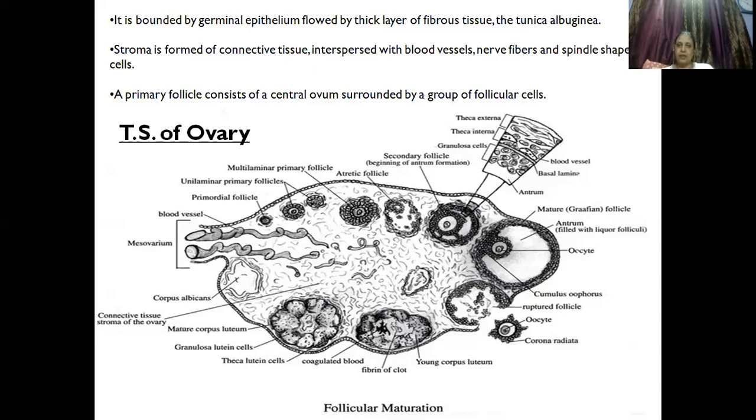The entire process is called oogenesis. So the formation of the haploid female gamete, the egg or the ovum, from the diploid germinal epithelium is called oogenesis. It also consists of mitotic and meiotic divisions that we'll see later on. But for you to understand, the ovary produces the egg.